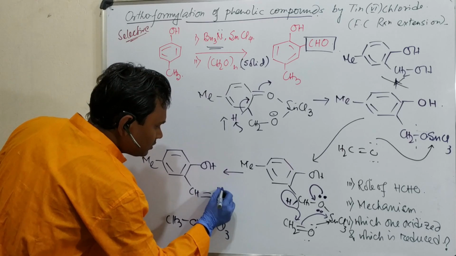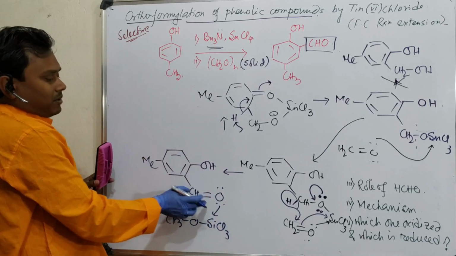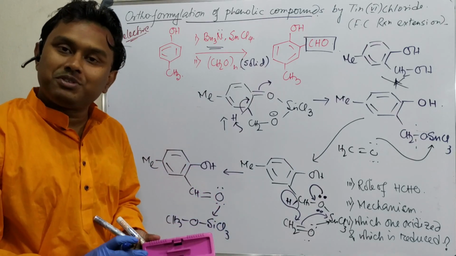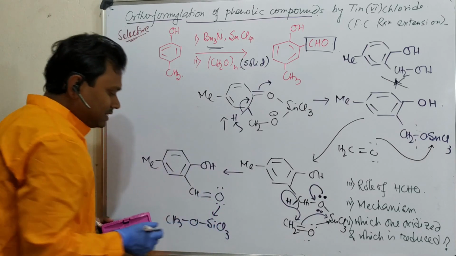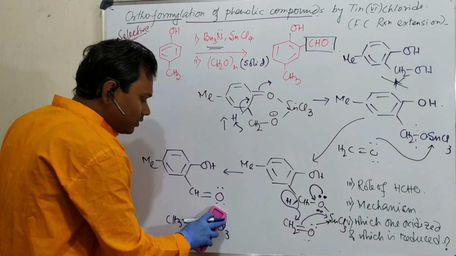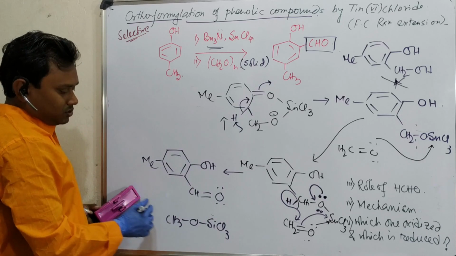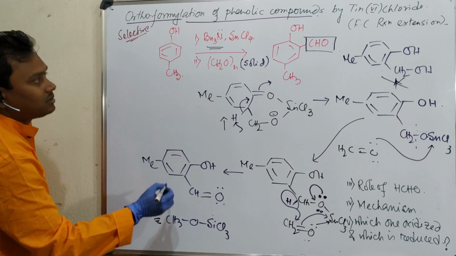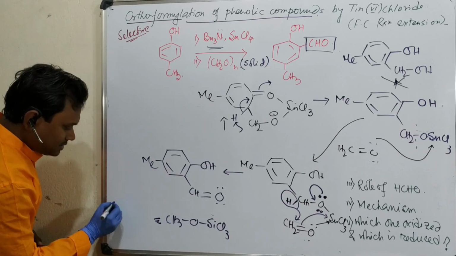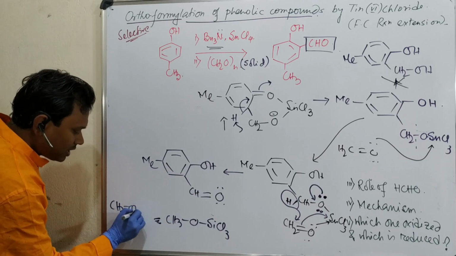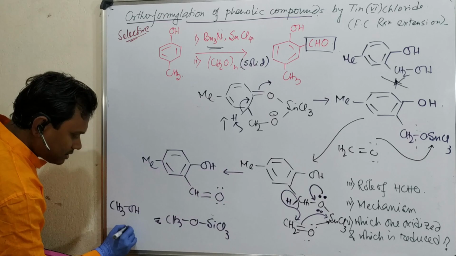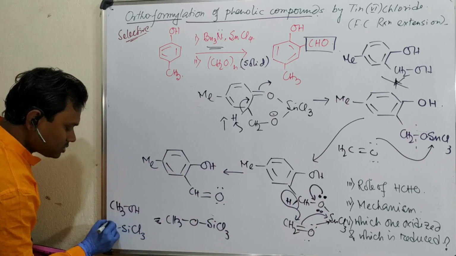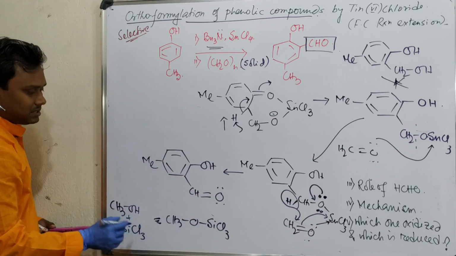You may consider that, okay, there should be a coordination, fine, but after double bond formation, this coordination becomes weaker. Okay, so this Cl3. Now, remove the coordination. Okay, so what is this? So if you put water, means at the end hydrolyze, this is actually methanol plus SiCl3OH, this reagent, plus this.